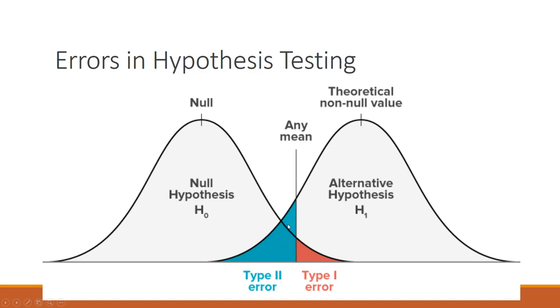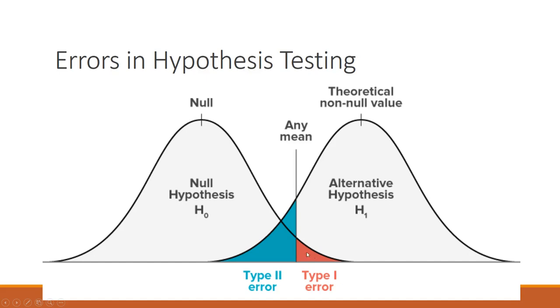So let me explain here. What are we saying? We're saying that if we find a mean that is so unlikely to occur if the null hypothesis is true, that we would reject the null hypothesis.